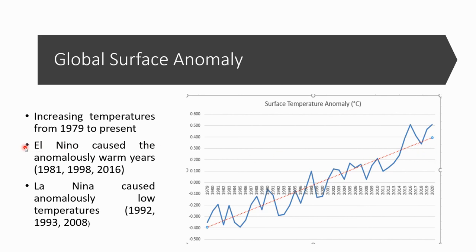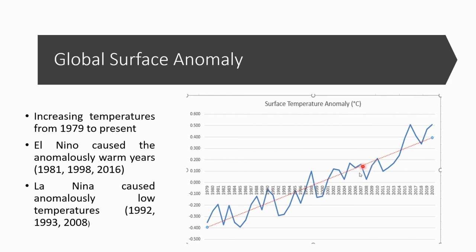So those are the El Nino events, the warm events, and there is a La Nina event in 1992. If you look at 1992 compared to the red trend line, you can see the temperature was way below. And if you look at 1993, the same happened, and 2008 as well.